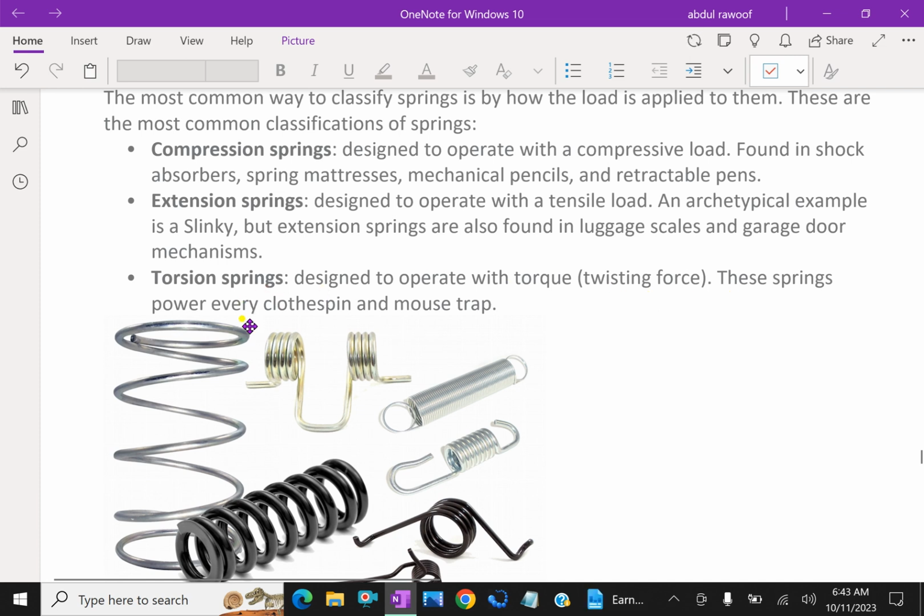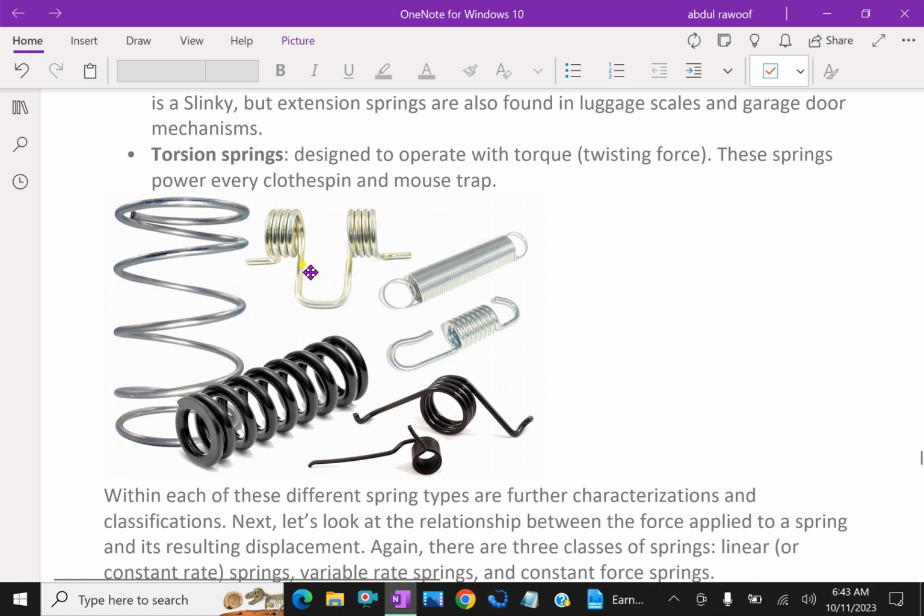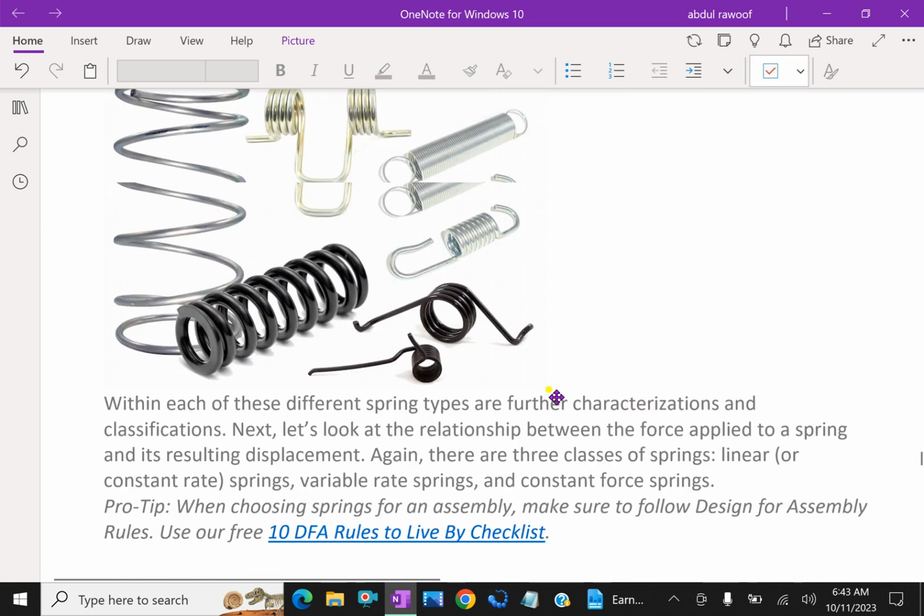These springs power every clothespin and mousetrap. Here, look at this. These are some torsion springs. These are tensile springs. These are compressive springs. These are torque springs.